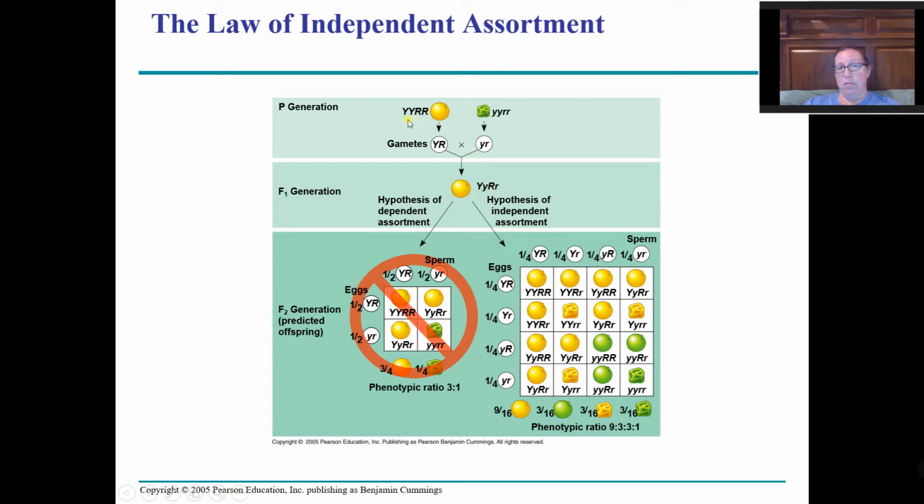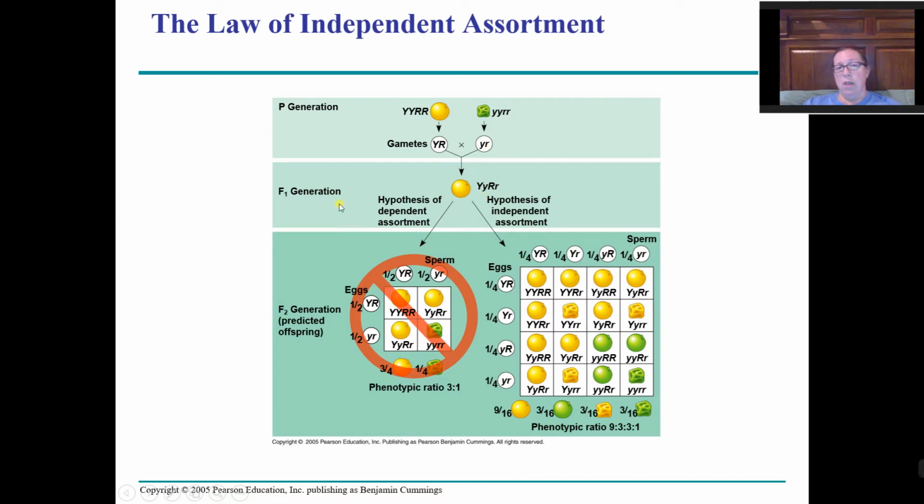These are true breeding. True breeding means it can only give 1. So this can only give a big Y and this can only give a big R. And if I had 5 more traits on this, say a big M, then it would only be able to give an M, okay? True breeding here means it only gives 1.